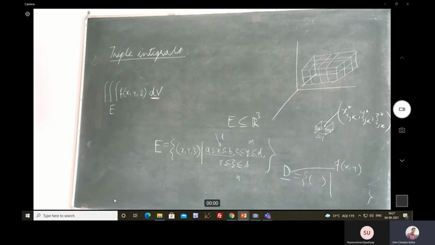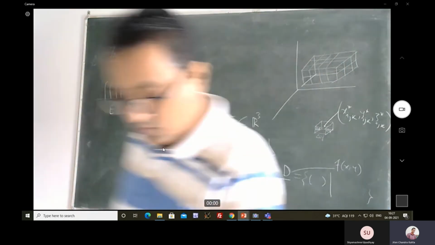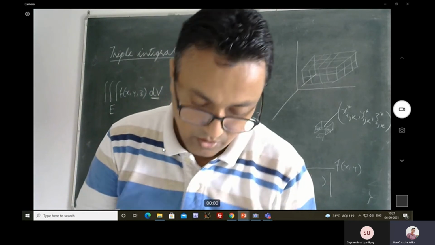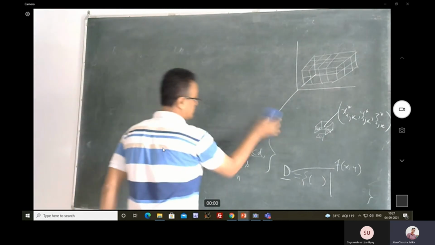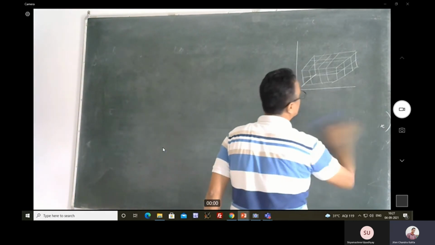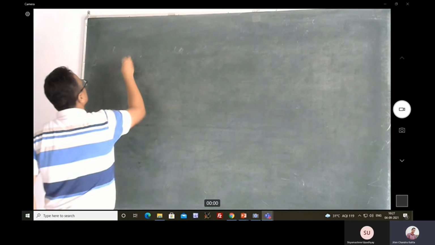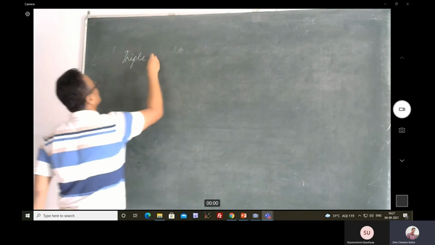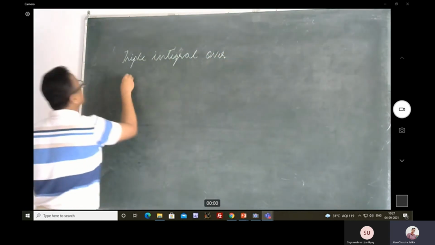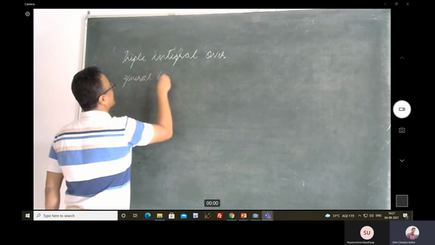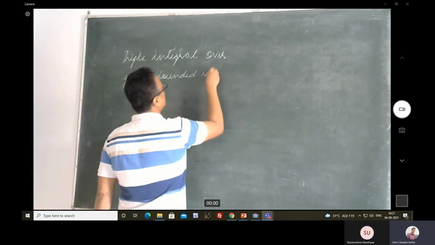So what I'm going to do is explain a particular type of region, and then you will be able to see that with the knowledge I gather from this, we will be able to handle any kind of region later on.